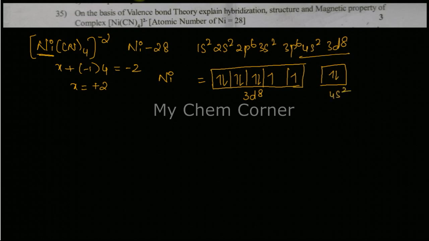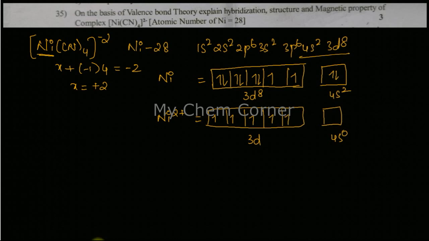Now the oxidation state is +2, so let me move to the +2 state. When I have to remove electrons from the orbitals, they first go from the one that has the highest quantum number, which is 4s. So to form the 2+ state, 2 electrons move from the 4s orbital. Therefore, it becomes 4s0. 3d remains untouched, so it remains the same.